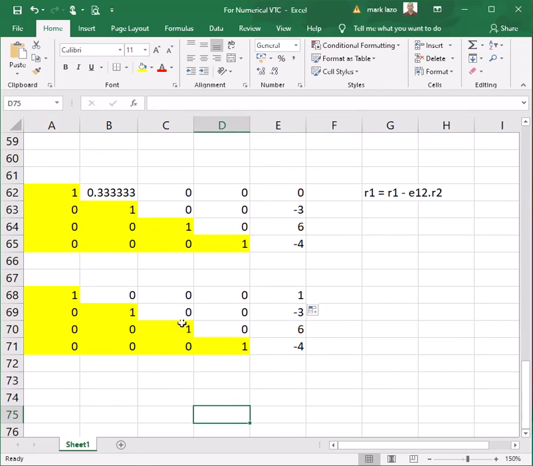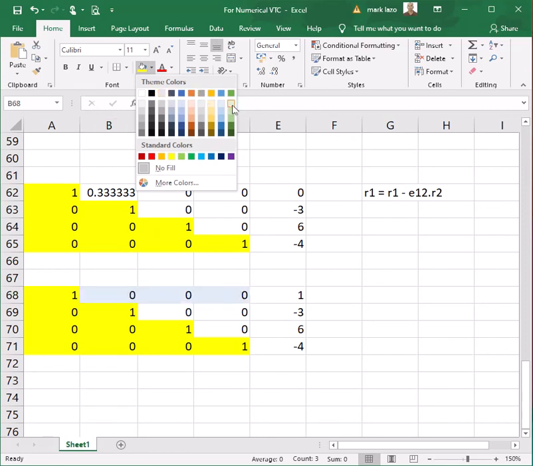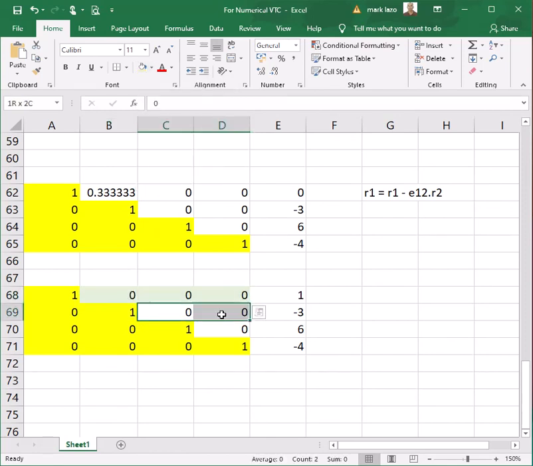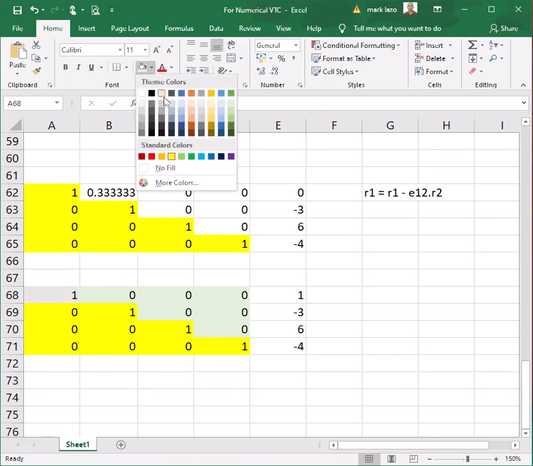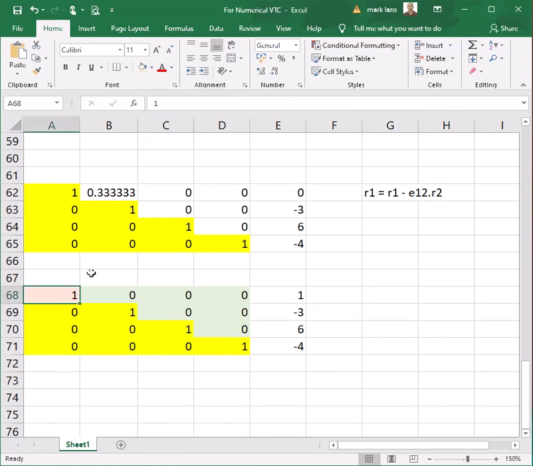So as you have seen, I have already derived a unity matrix with the upper triangular elements 0, the lower triangular elements 0, and the diagonal elements 1.